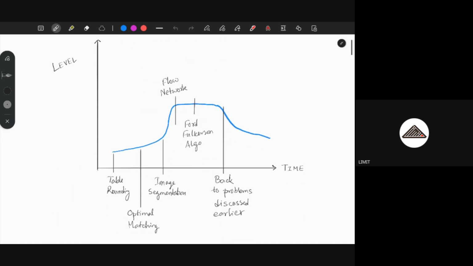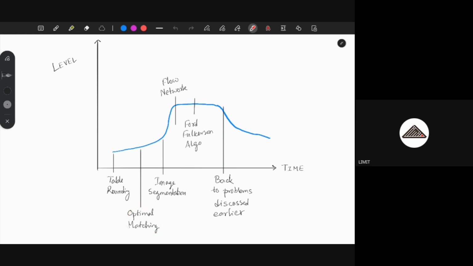So let's start. As the talk progresses, the level might look like this. First, I will talk about the problem of table rounding, then matching. You have probably already seen this in the graph theory tutorial.